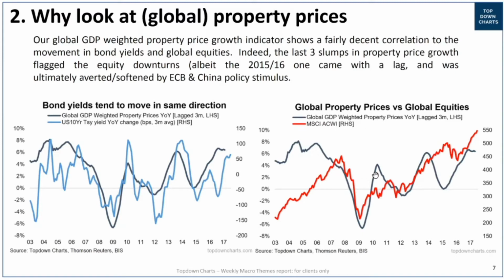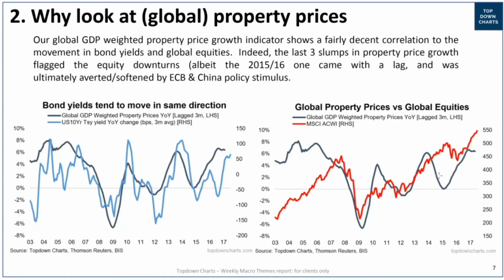And you can see here that the application to global equities, the MSCI All Countries World Index, is more or less the same. And it's a fairly similar logic. You can see there going into the financial crisis, the global GDP weighted property price growth metric was turning down, and turned back up coming out of the crisis. And then again into the Eurozone crisis, they rolled over again, and that was a contributing factor to the market turmoil through those years.